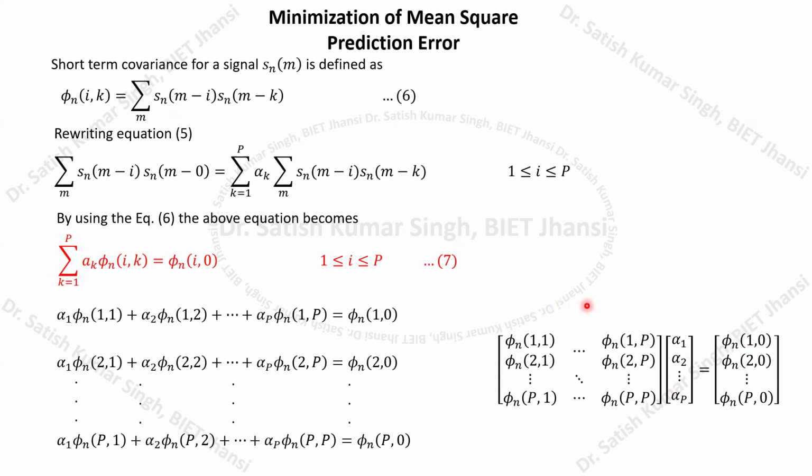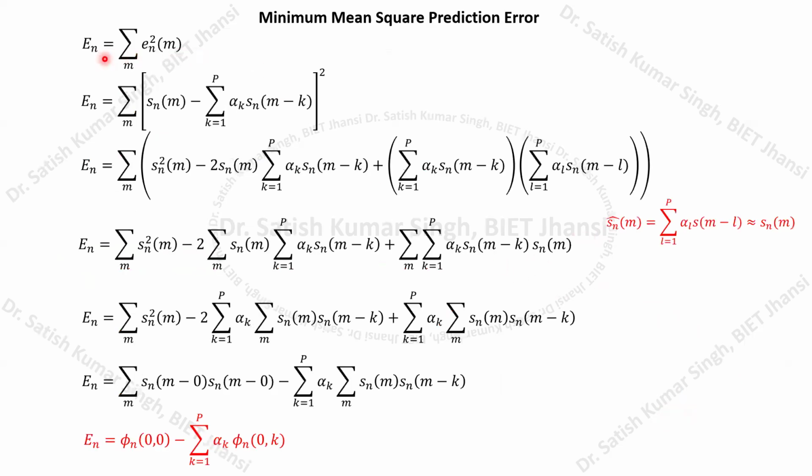So now once we are done with this, and once we have calculated the values of the predictor coefficients, what we can do is calculate the minimum mean square prediction error. You remember this equation of the minimum mean square prediction error; this was the mean square prediction error equation.